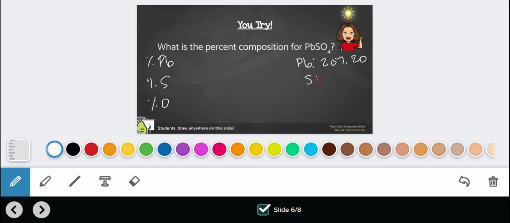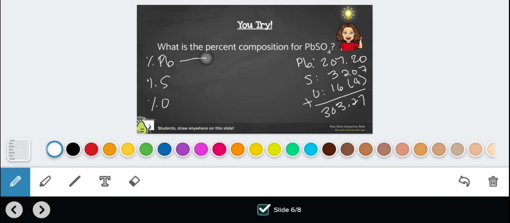And sulfur has a mass of 32.07. And then oxygen is 16, but there's 4 of them, so we have to multiply that by 4. And then we add all those together. And we get 303.27. So that is our whole.